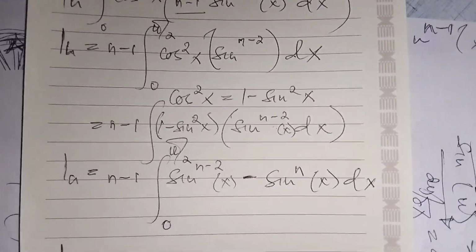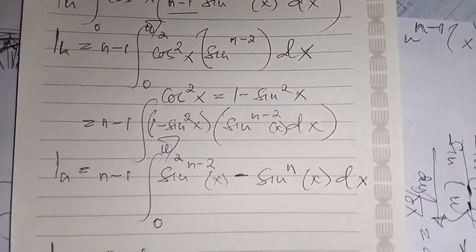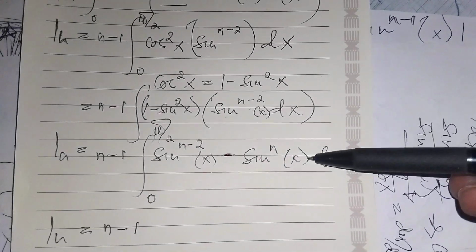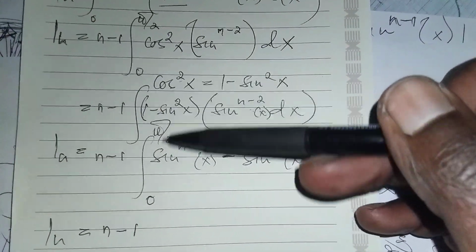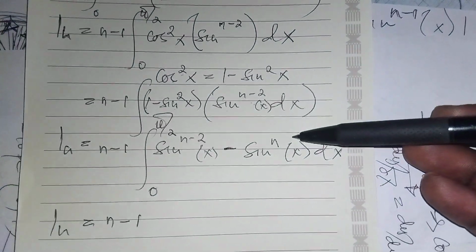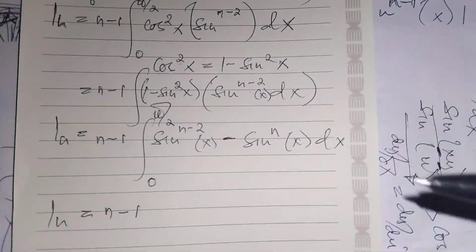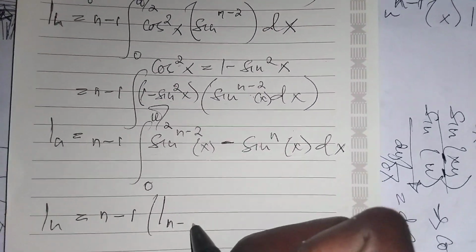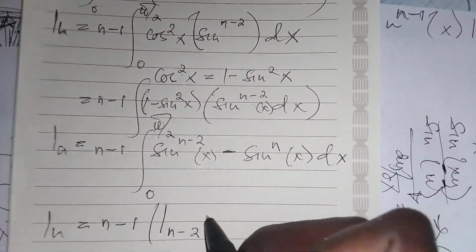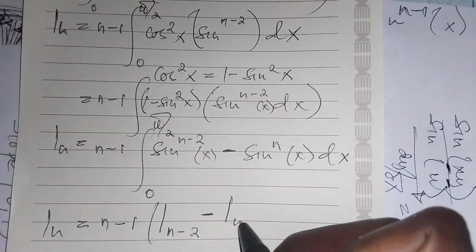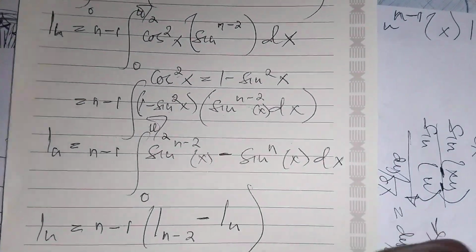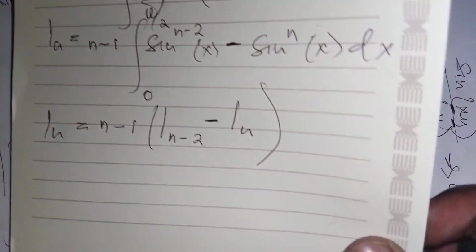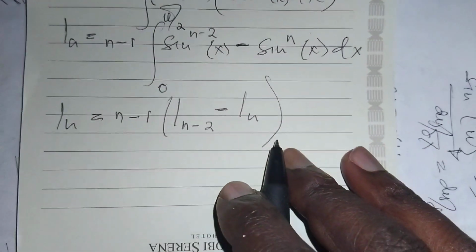From the initial question, this was In, the integral from 0 to pi radian of sine n x. So if it is n minus 2, this part will be I n minus 2, and you have minus, now this one will be In. You can expand and simplify the I's, or up to there you still have your answer.